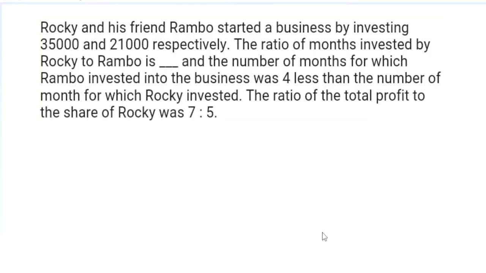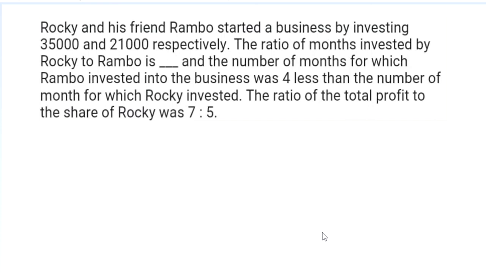Here the question says Rocky and his friend Rambo. Those two movies are Rocky and Rambo, the same hero, right? Mr. Stallone. Rocky and Rambo started a business by investing 35k and 21k respectively, right?